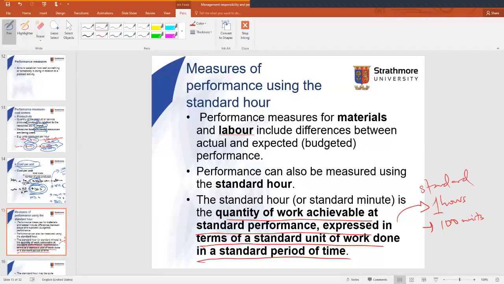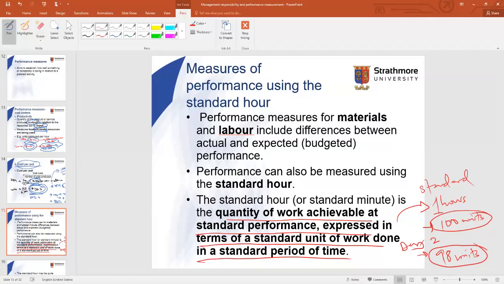Now, if you want to make an evaluation, we pick a day, for example day 2. In 1 hour, how many units did the worker make? They made 98 units. You can now make a comparison. You're meant to make 100 if everything is working well, but you made 98. Therefore, as management, you can get to understand why this worker made 98 instead of 100.